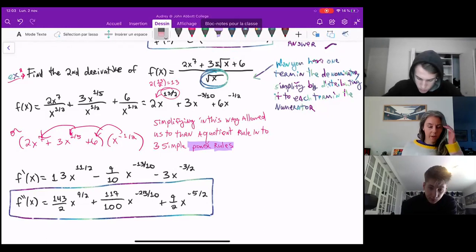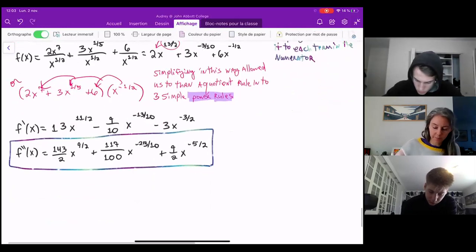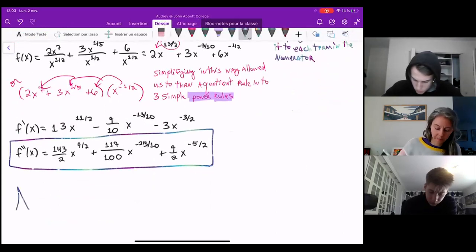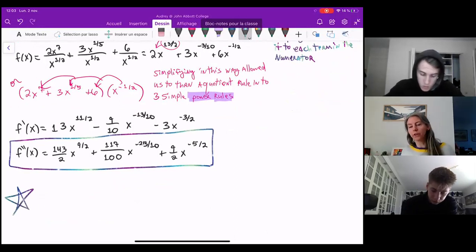Okay, so here what we have is, power rules are awesome because when you have a power rule, it's easy to just keep doing a power rule forever.